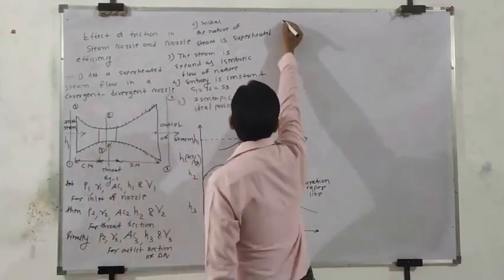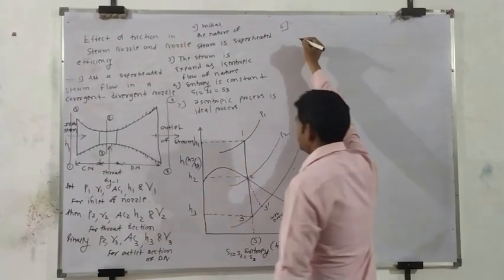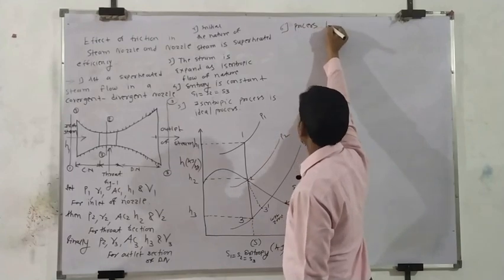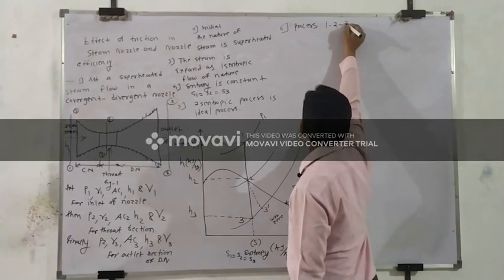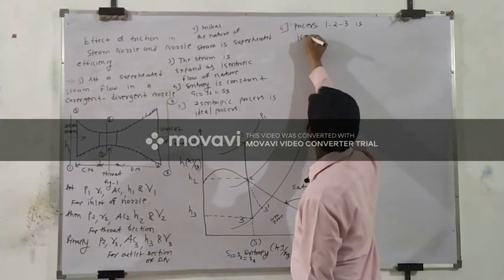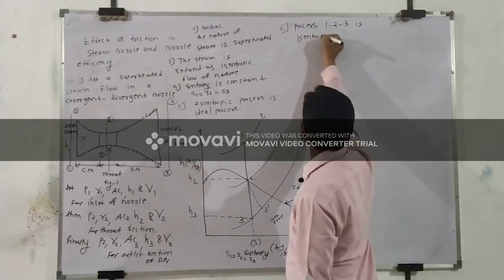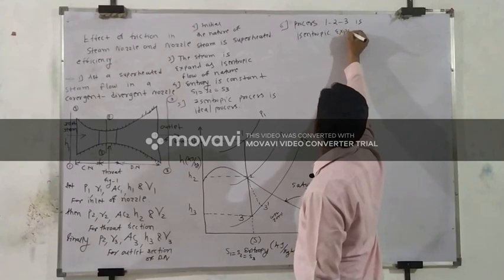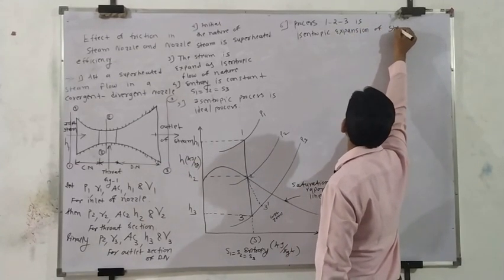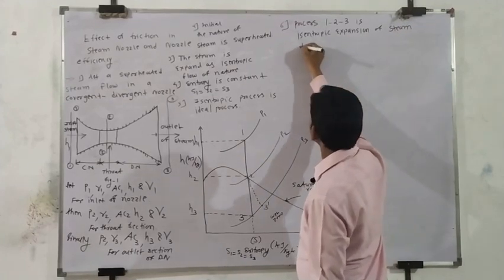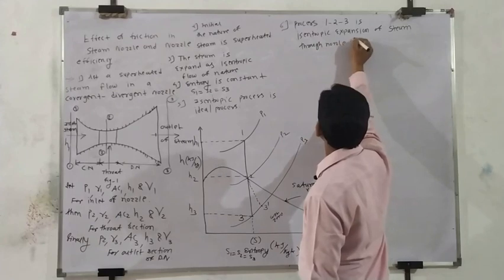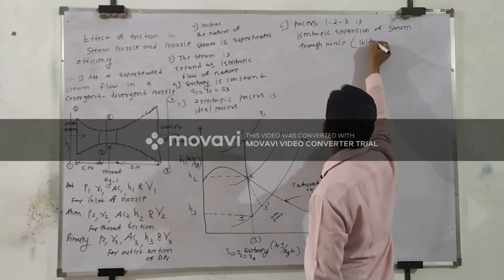I write down here the process 1, 2, 3 is isentropic expansion of steam through the nozzle, which means without frictions.